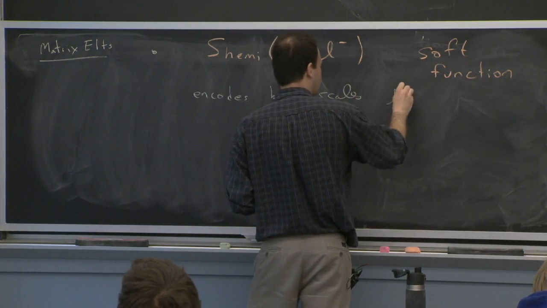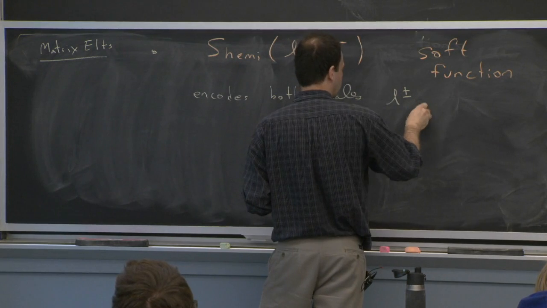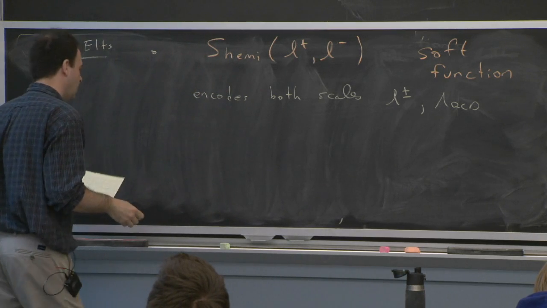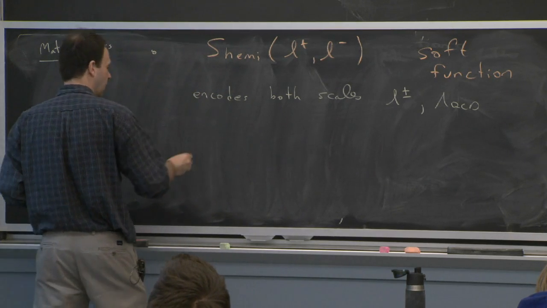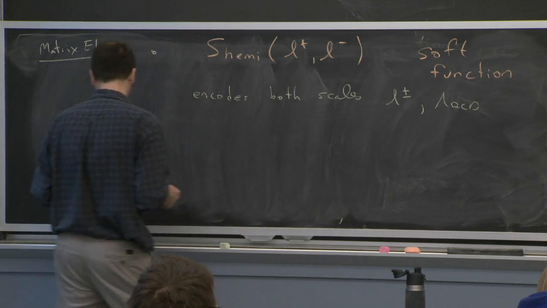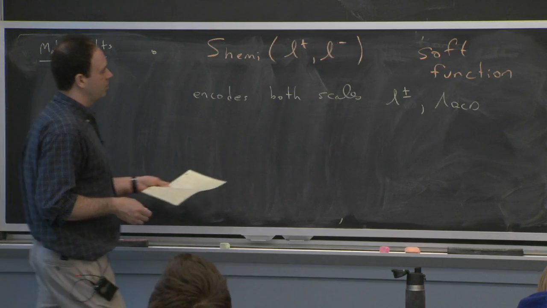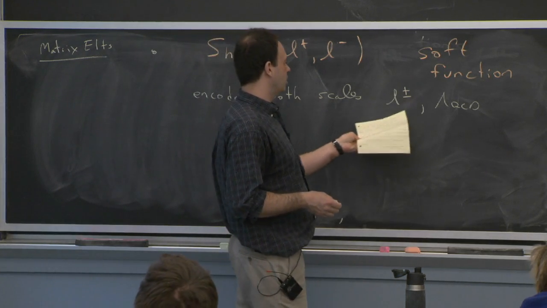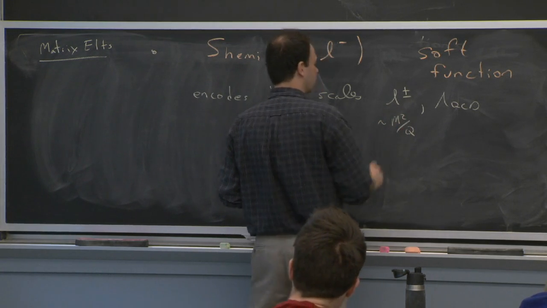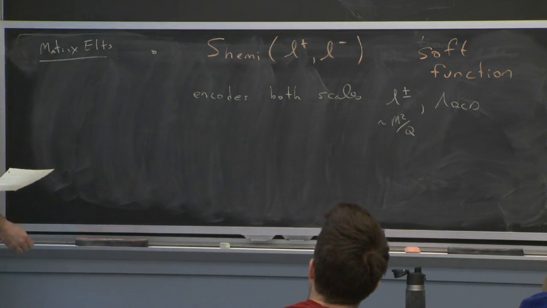The l plus and minus, as well as lambda QCD, which I didn't write explicitly as an argument. And l plus and minus, well, we'll see later. But you can think of l plus and minus roughly as encoding the scale that's m squared over q. This will become more clear in a minute.